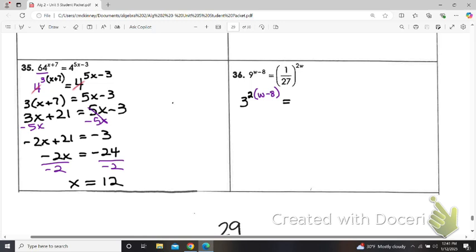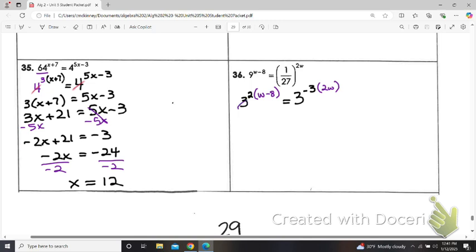And then here, 1 over 27. Well, 27 is 3 to the third, but 27 was in the bottom, so that would be negative 3 for the exponent. And again, already something up there, 2w. So that's not 2w minus 3, it's negative 3 times 2w.